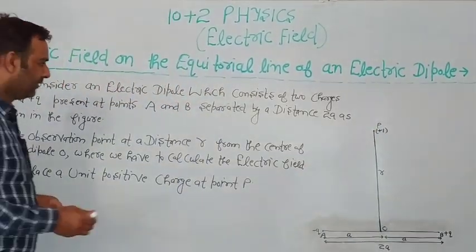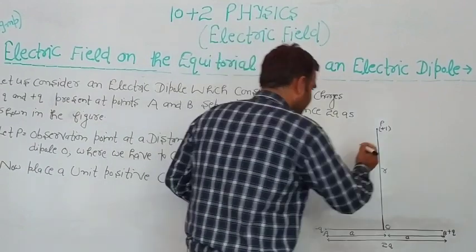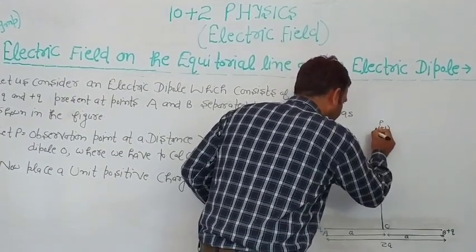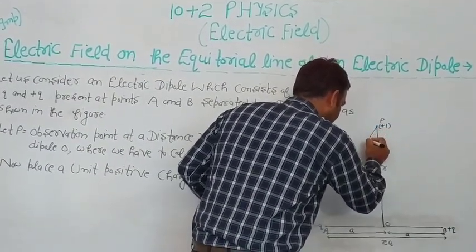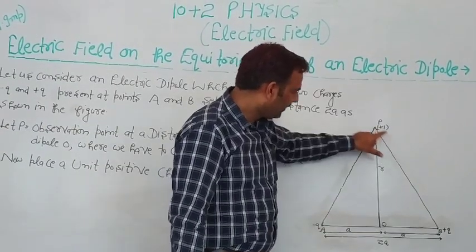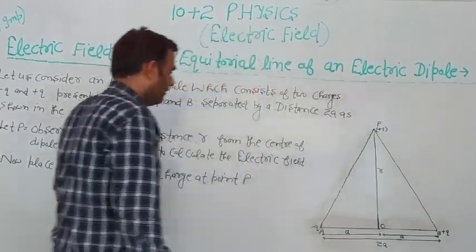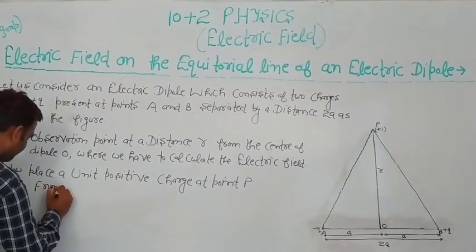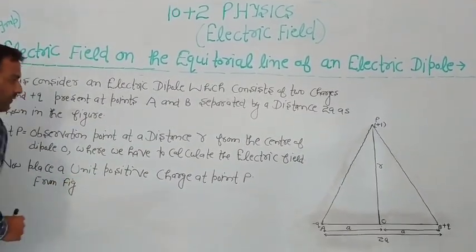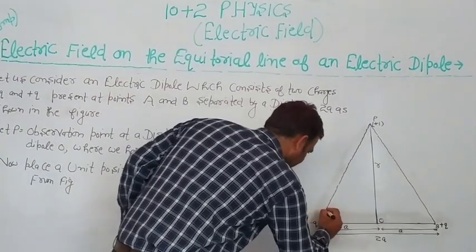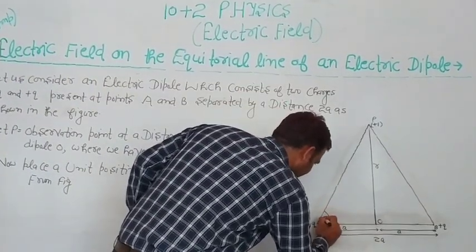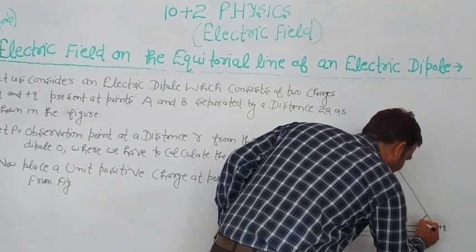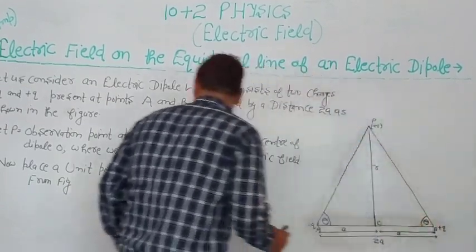Okay. Now join point P to A and point P to B. From the figure, this is angle theta, and this is also angle theta.